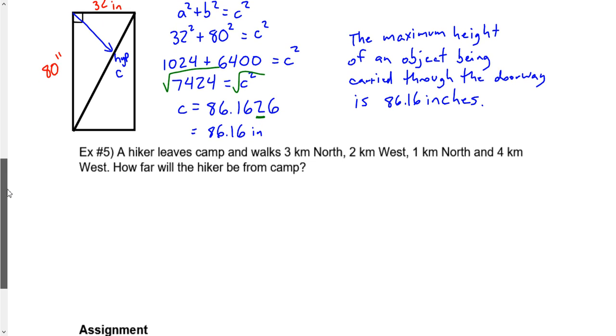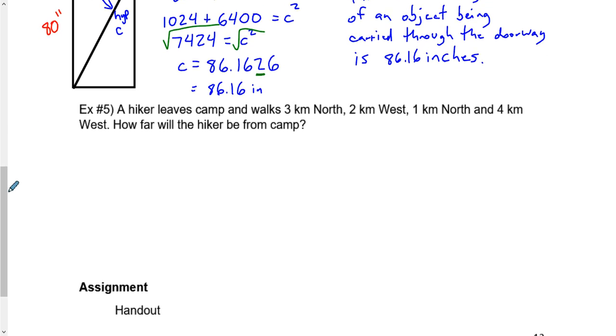Okay. Last, final example. A hiker leaves camp and walks 3 kilometers north, 2 kilometers west, 1 kilometer north, and 4 kilometers west. How far will the hiker be from the camp? So let's talk about, there's the camp.